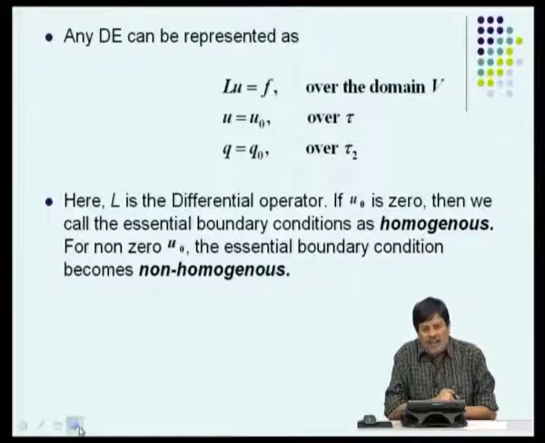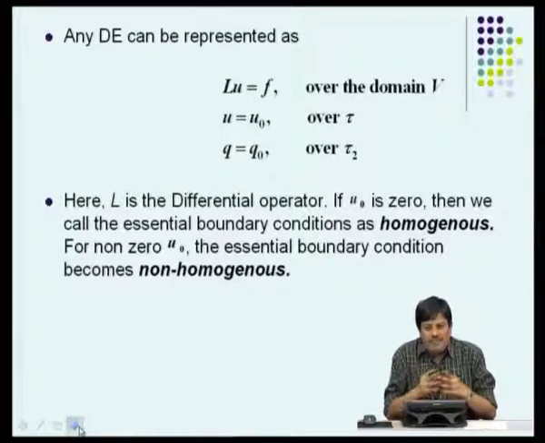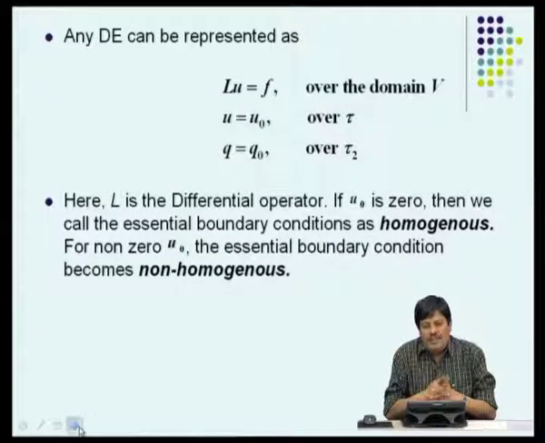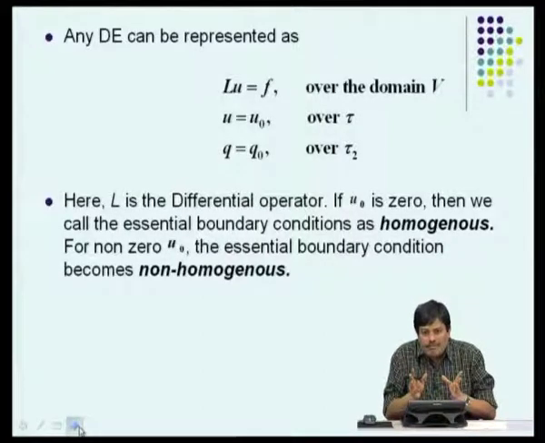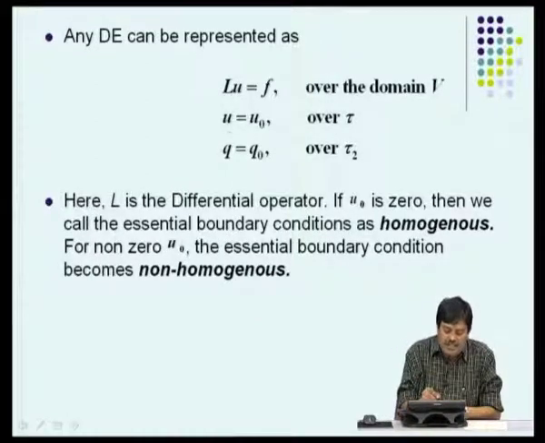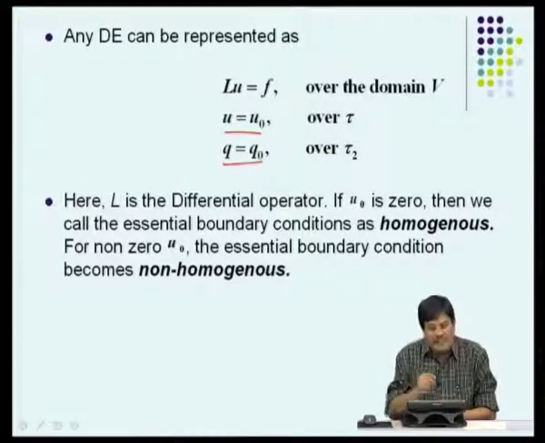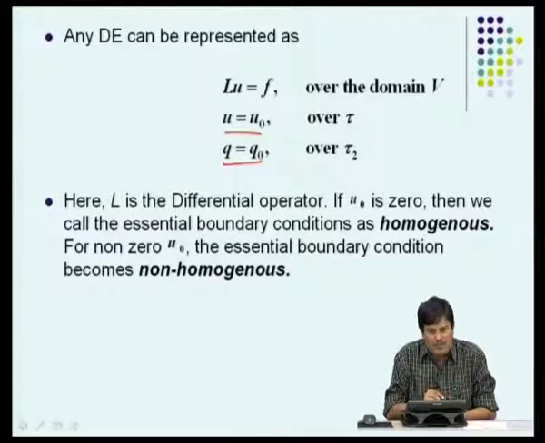So, now having defined this functional, when do we say that the differential equation is a completely well posed problem? Once we have the following equations to satisfy, that is, L U equal to F, where L is a differential operator defined over a domain V, and it has two surfaces tau, where on one surface the Dirichlet boundary condition is specified and on the other surface the traction boundary condition, that is the Neumann boundary condition, is specified.